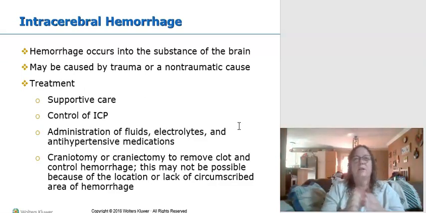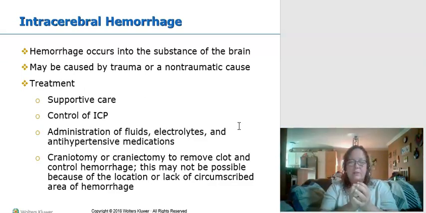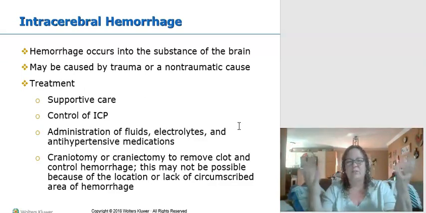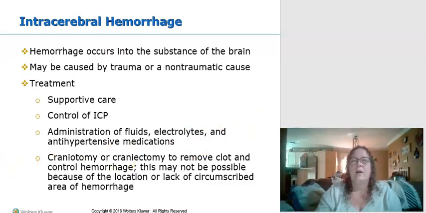And some bleeds aren't localized into a clot area you can remove. They may be diffuse and undefined, so they can't be evacuated.